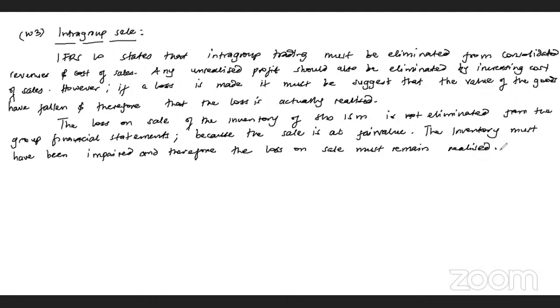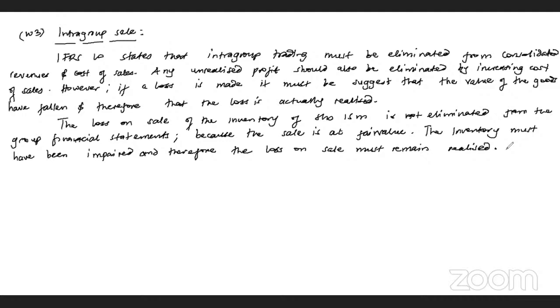So don't adjust your inventories, and don't adjust your retained earnings or your cost of sales as though you're eliminating the unrealized loss. No, losses should be actually realized. In other words, it will be an indication that the inventories suffered from an impairment loss. And of course, we have to be prudent enough to recognize this loss.